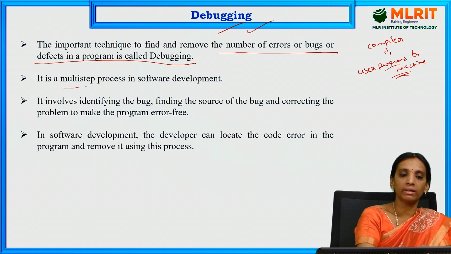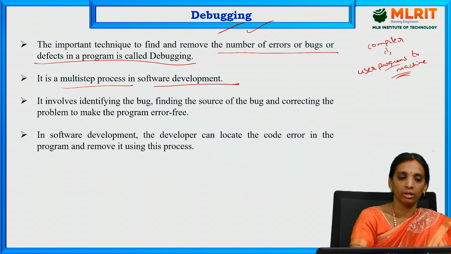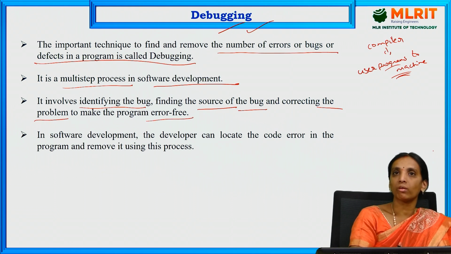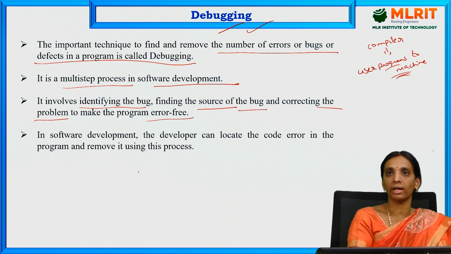It is a multi-step process in software development. It involves identifying the bug, finding the source of the bug, and correcting the problem to make the program error free. Our final aim is to make the source code error free.